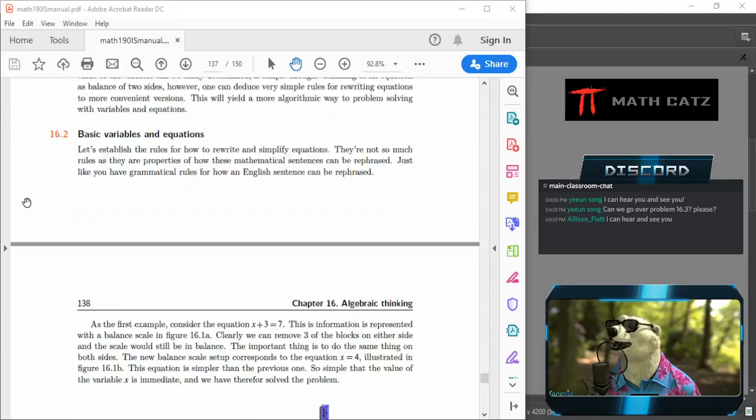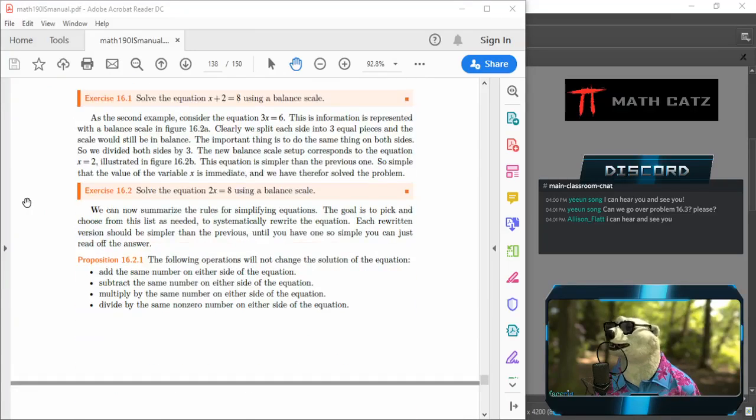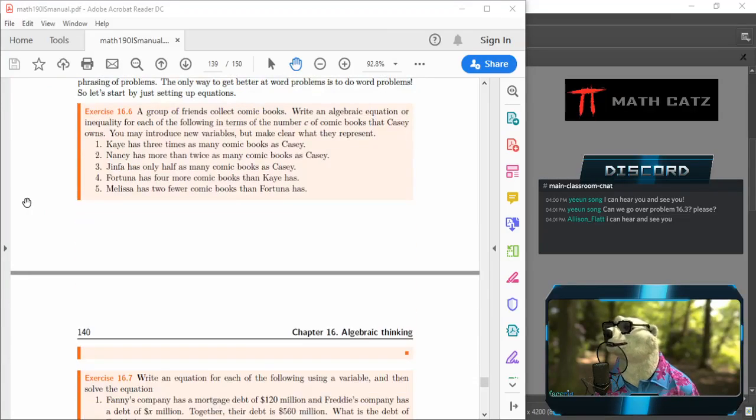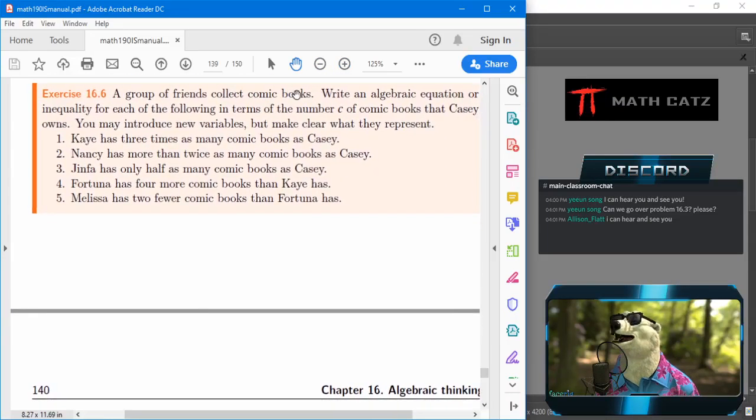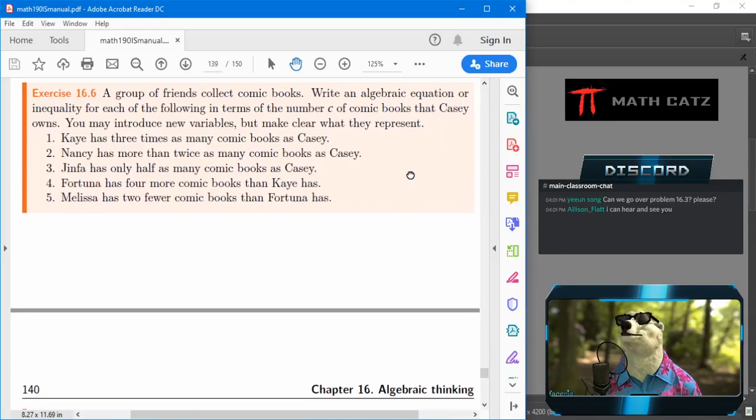We have a situation like, where are we now? Exercise 16.6, a situation described in words, and we want to represent other quantities in a mathematical language. The first step towards equations and things like that.